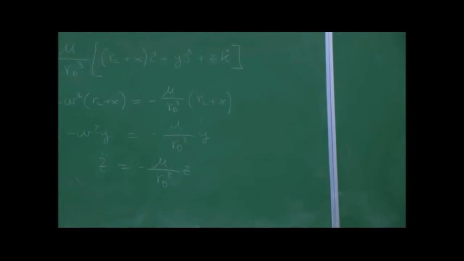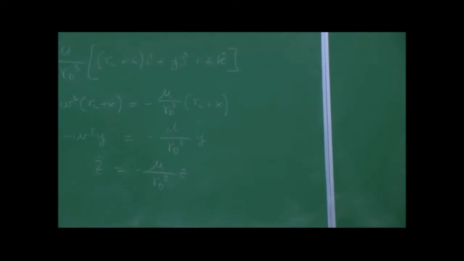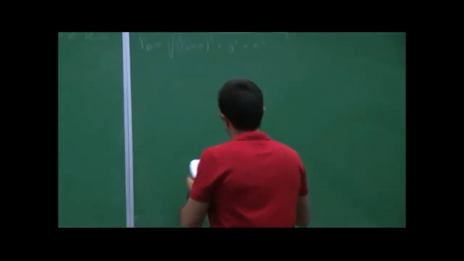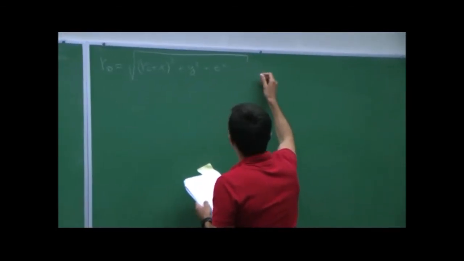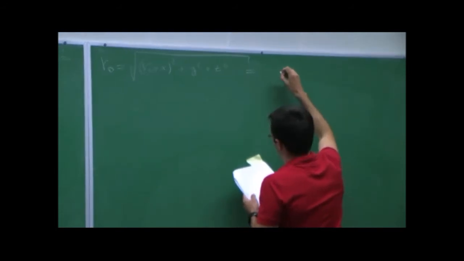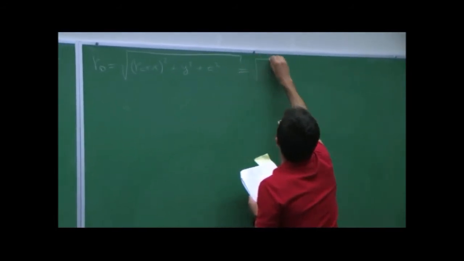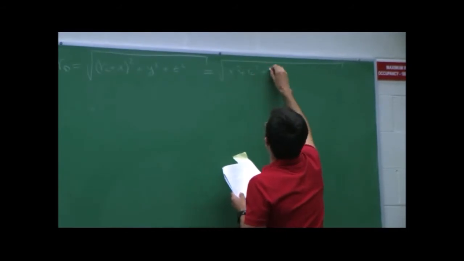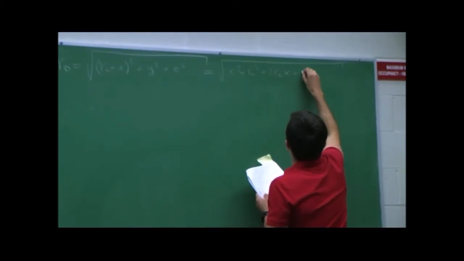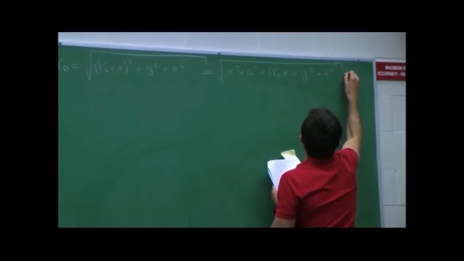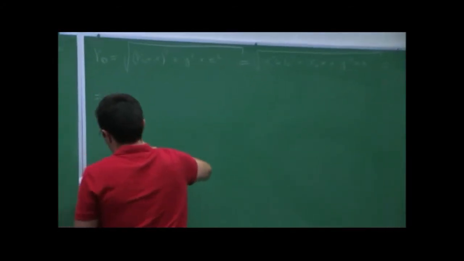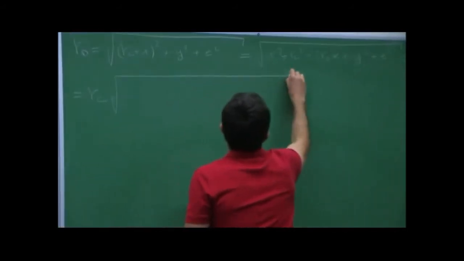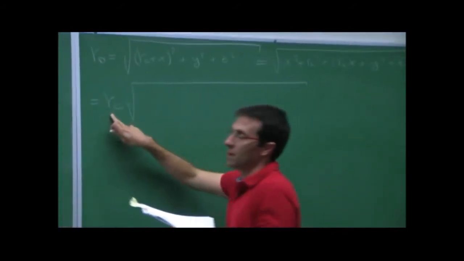let's do it. Let's get rid of it. So we'll start with this, exactly with this one. Let's rewrite it like this. This is equivalent to x squared plus rc squared plus twice rc x plus y squared plus z squared. Now I like this additional expression here. Take the rc out. At this point this is a constant, okay?